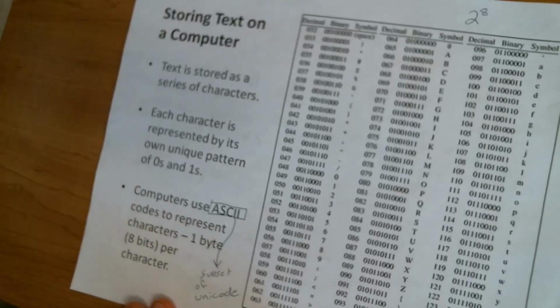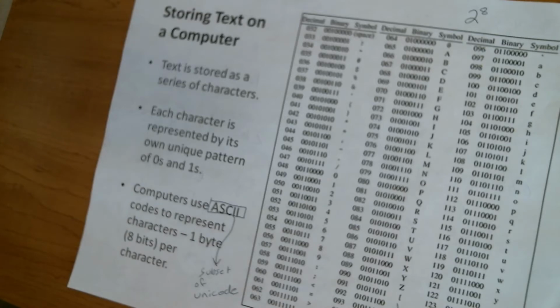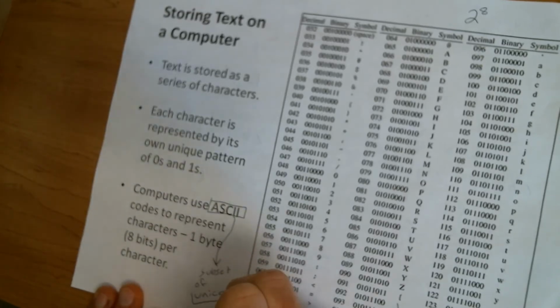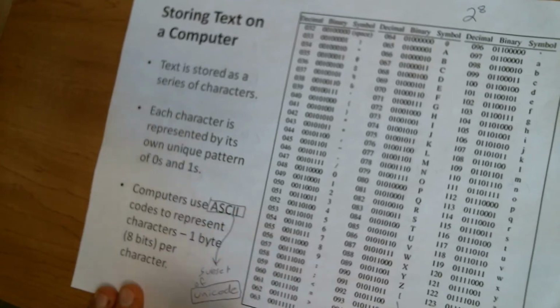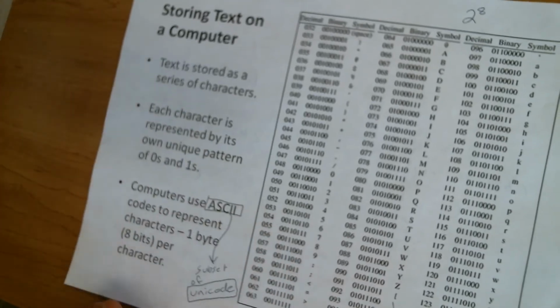And that predetermined setup is ASCII or Unicode. ASCII is just a subset of the other. But that's basically the lookup table that corresponds the number to whatever character you're talking about here. All right, so storing text on a computer.